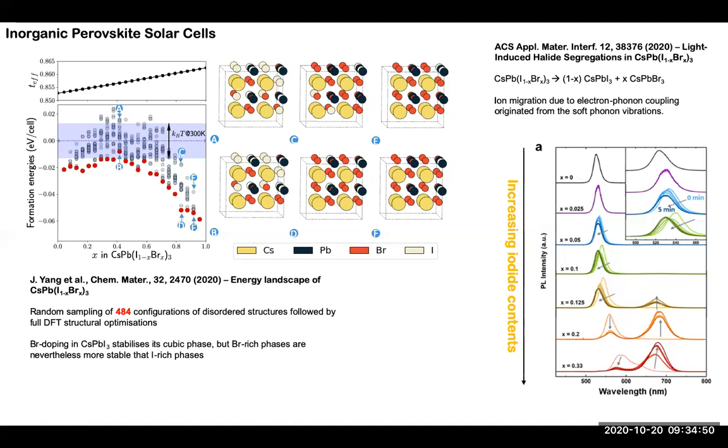You really need to look at how you understand that broadening of the peaks. In this case, for example, if you go to a higher iodide concentration, the broadening might not be just because of electron-phonon coupling. It's literally the material phase segregating. There are two materials in there.